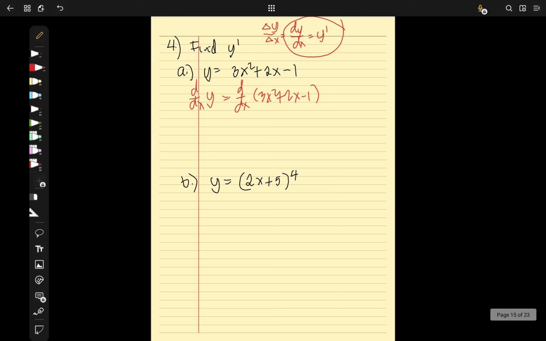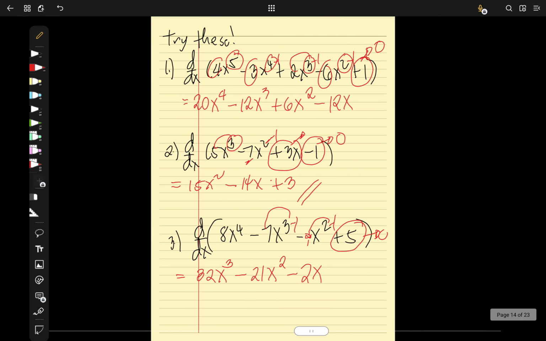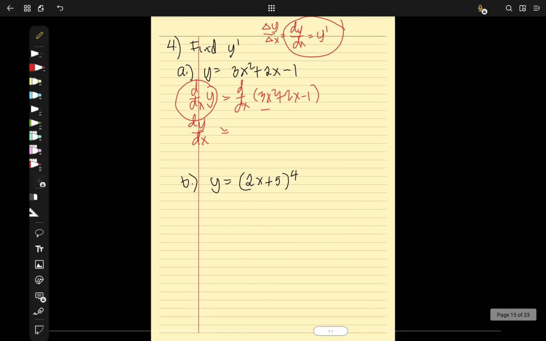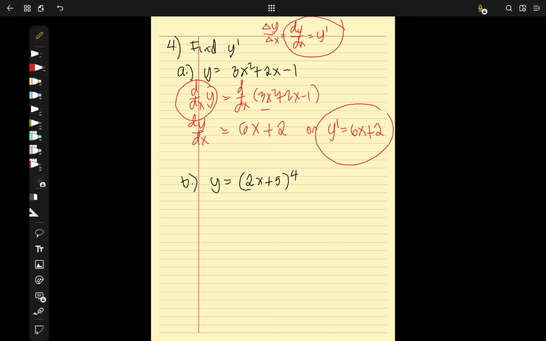Then, we all know that the derivative of y with respect to x is dy over dx equals, yung derivative nito, katulad lang ng ginawa natin sa number 1, 2, 3. So, this will become 2 times 3 is 6x plus 2. So, this is your answer, or y prime is equal to 6x plus 2. Wala siyang pinagkaiba. Pinakita lang natin yung y sa left side of the equation.